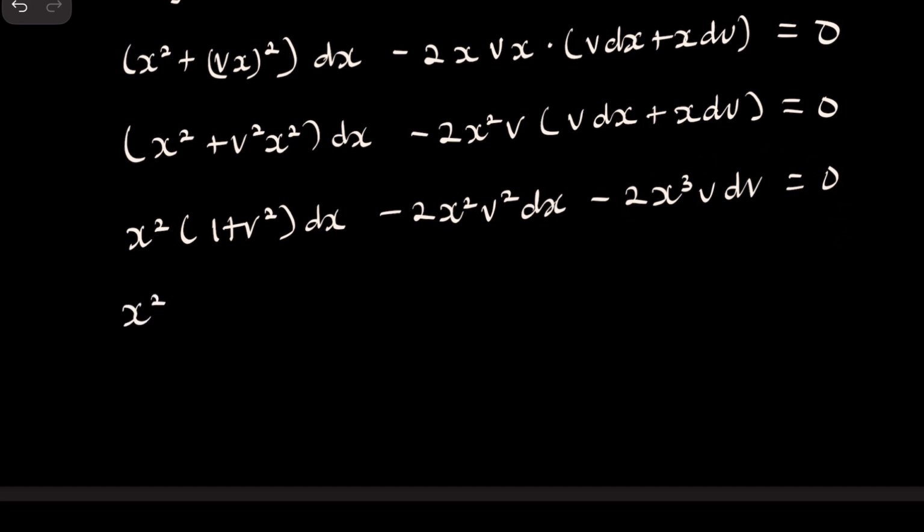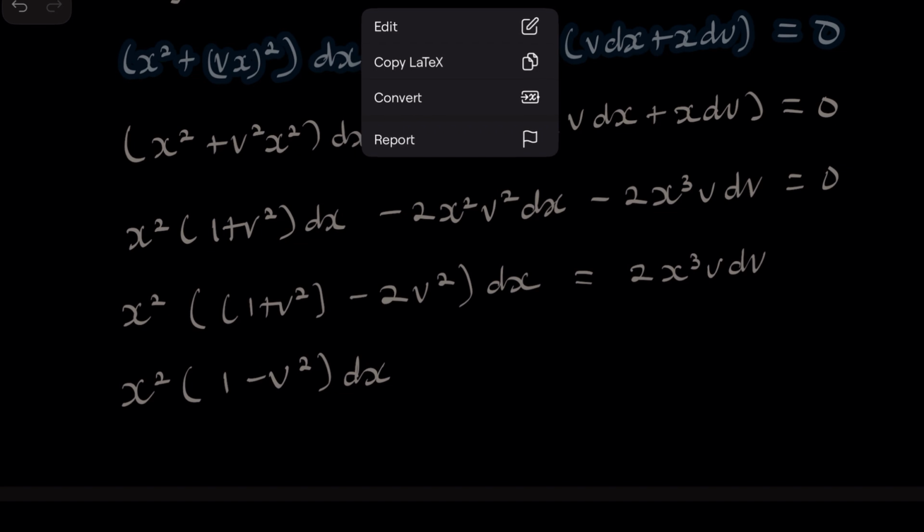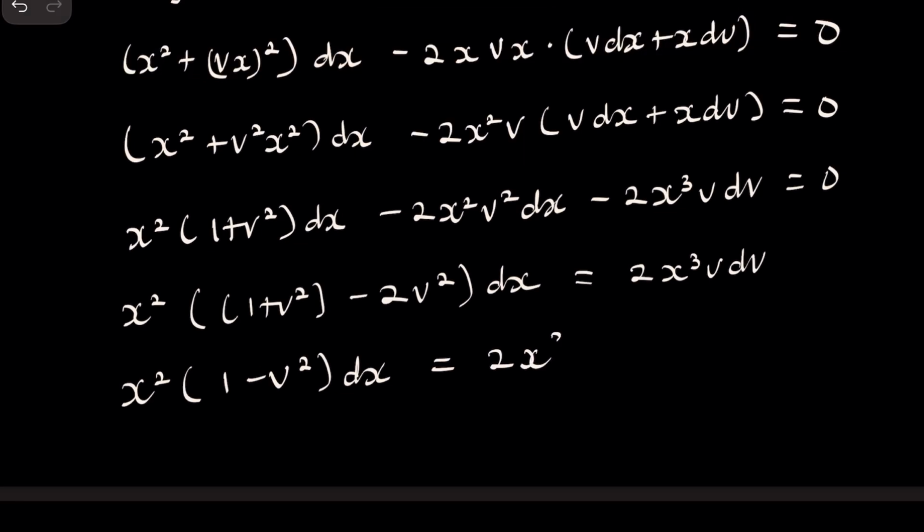Thus we have x²(1 + v² − 2v²)dx = 2x³v dv. Simplifying gives x²(1 − v²)dx, because v² minus 2v² gives minus v², equal to 2x³v dv.